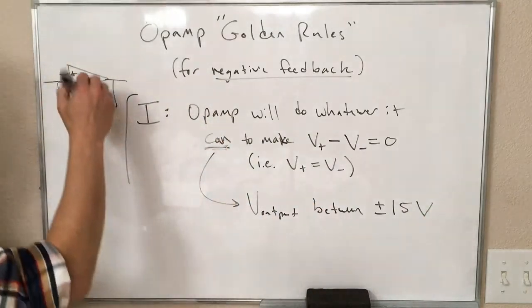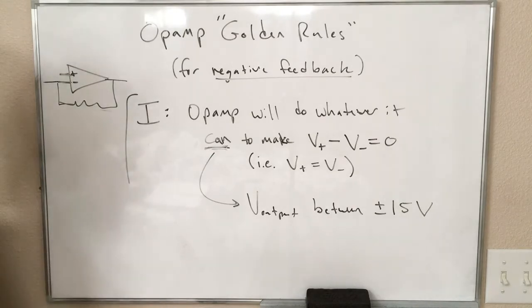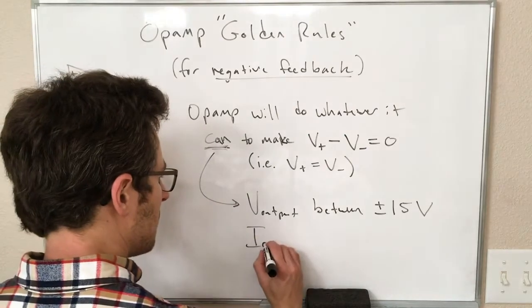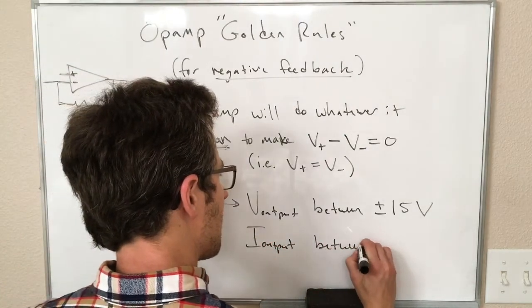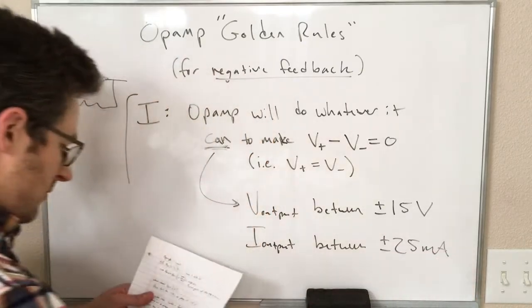These would be the power that we're supplying to this op amp from whatever our external power supply is. And the current at the output is limited to being less than 25 milliamps.